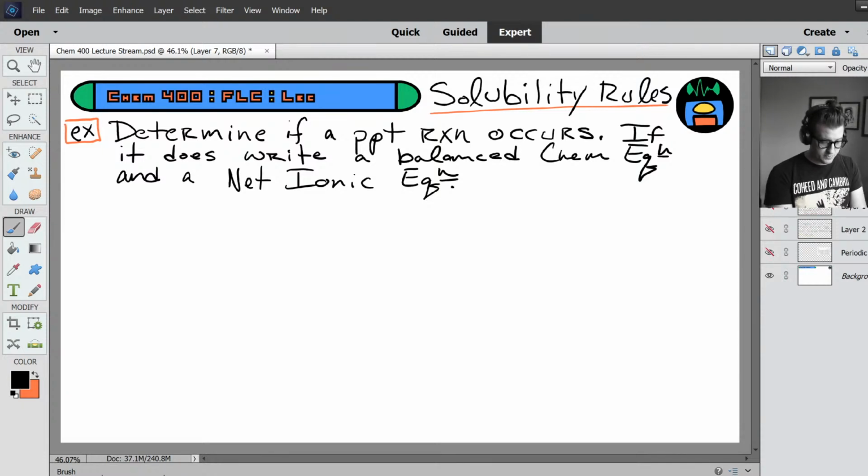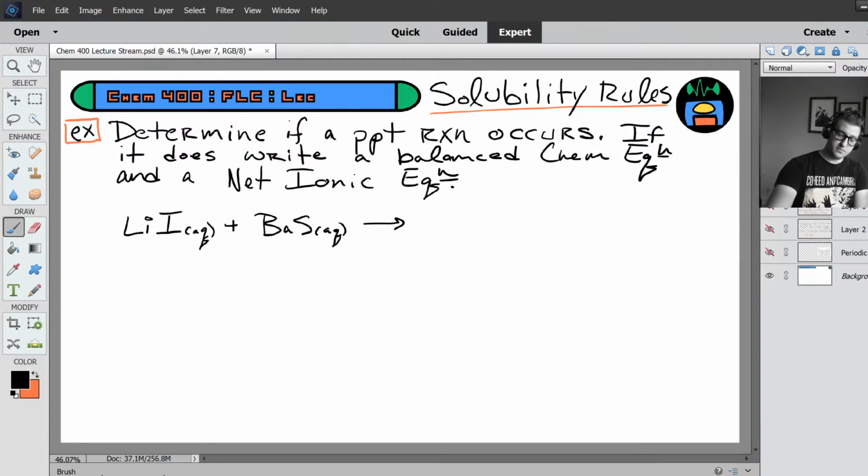Our first example is when you mix aqueous lithium iodide with aqueous barium sulfide. And that's all I'm going to give you. Here's the cool thing about precipitation reactions.